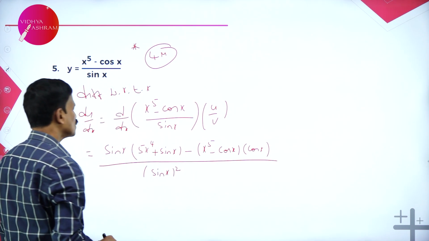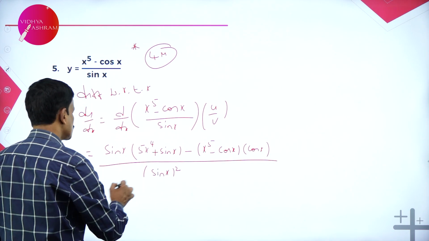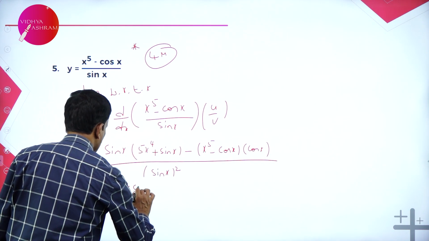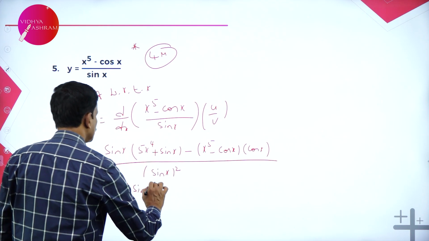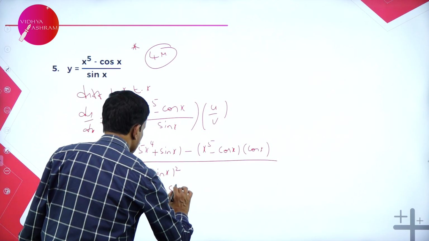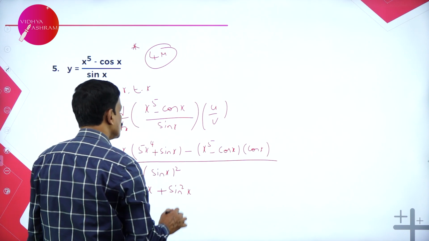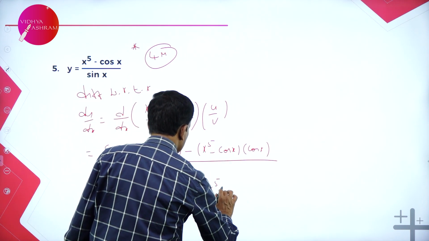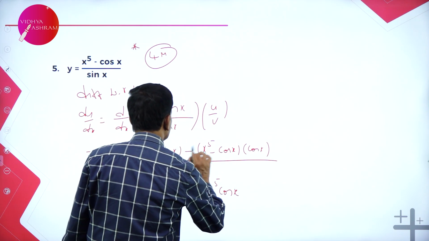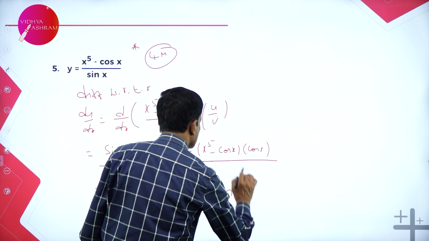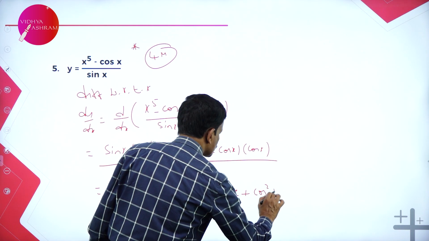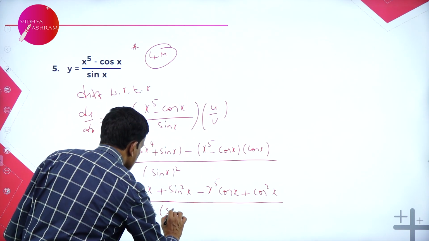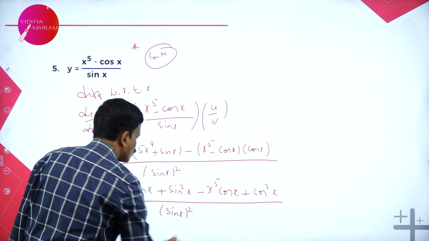So if you want, you can stop here itself or multiply it. So 5x to the power of 4 sin x, again plus sin x into sin x is sin square x, again minus x to the power of 5 into cos x is x to the power of 5 cos x, minus into minus plus cos x into cos x is cos square x, divided by the denominator (sin x) whole square.